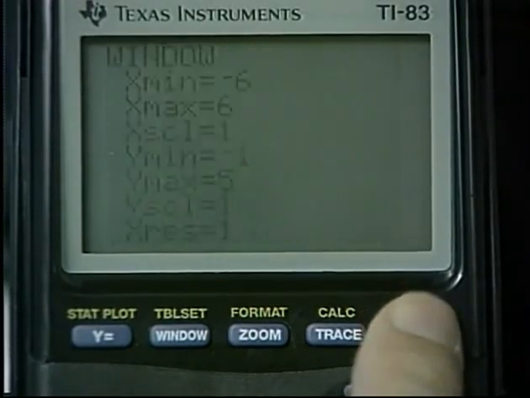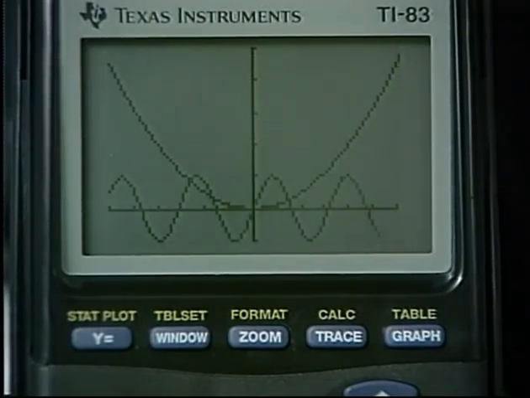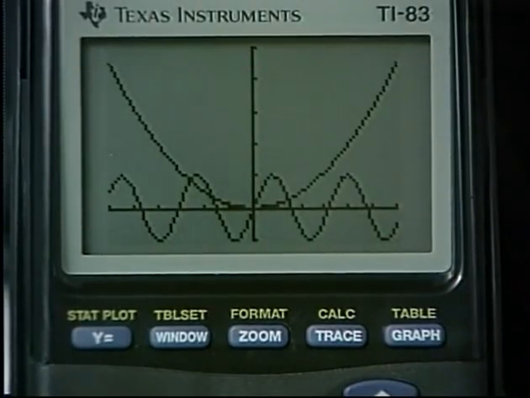And now the two graphs separately look like this. Here's our parabolic graph, and here is the curved graph. What we're going to try to do is make the sine pattern turn out to be parabolic in nature, and we can do that rather easily by adding the two functions together.